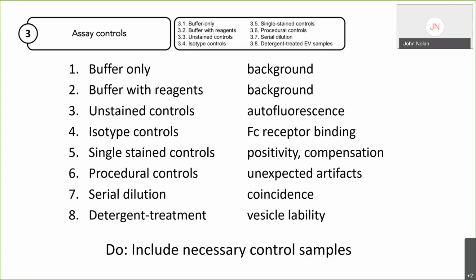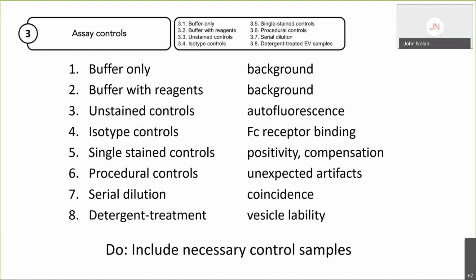So just as a general all-purpose control, if you have an involved sample preparation protocol, it's important to actually process buffer and reagents through that procedure, just to make sure that you haven't introduced some unexpected artifacts.